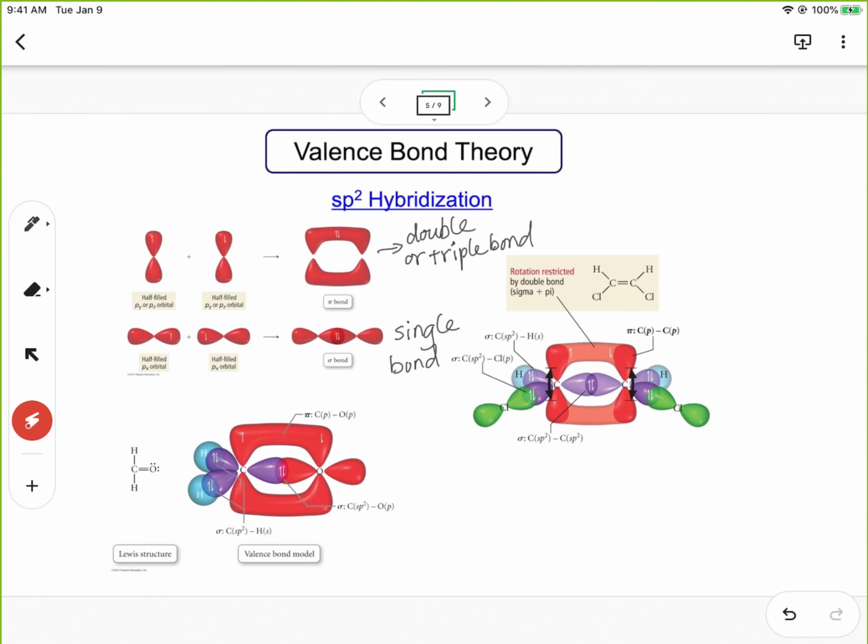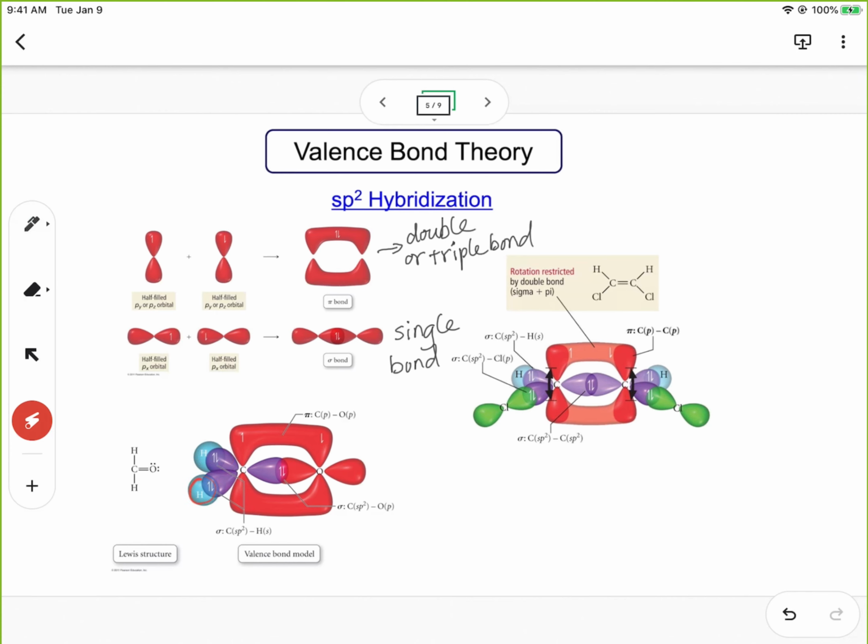You have two CH single bonds and one CO double bond. Let's take a look at this diagram here. This diagram shows us you have these two identical CH bonds. This is the head-to-head interaction. Can you see this 1s orbital interacting with this hybrid sp2 orbital through head-to-head interaction?